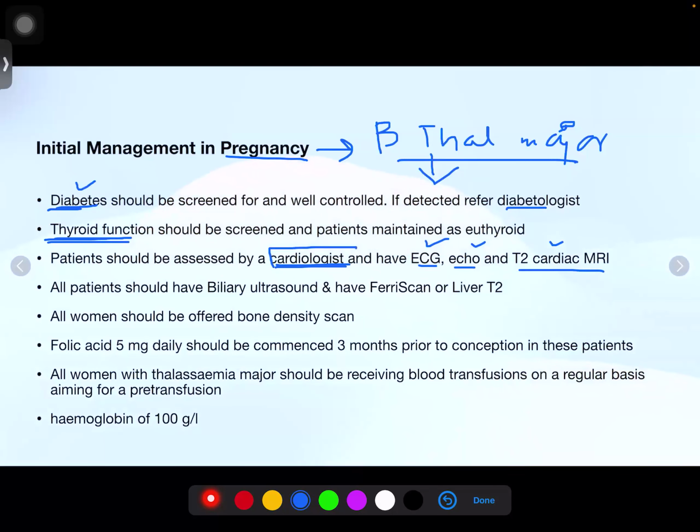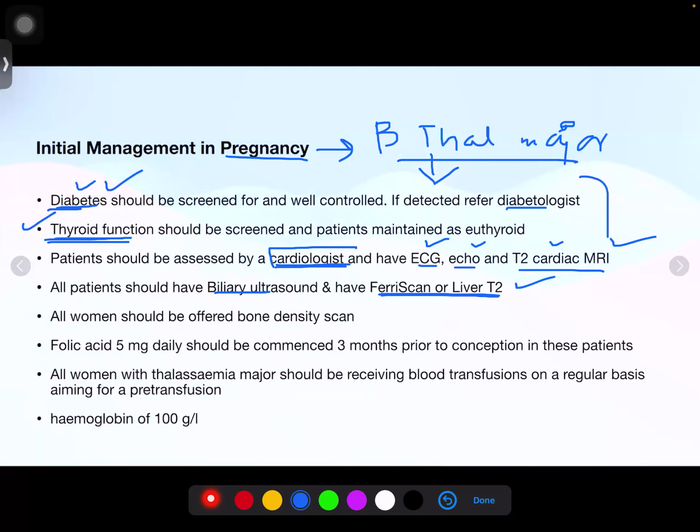Now, the patient should have biliary ultrasound and have Ferriscan or liver T2. Now, the liver scan is also very important because they usually give multiple transfusions. So basically, the iron is deposited in all these organs. The iron deposits in the pancreas, in the thyroid, in the heart, in the liver.